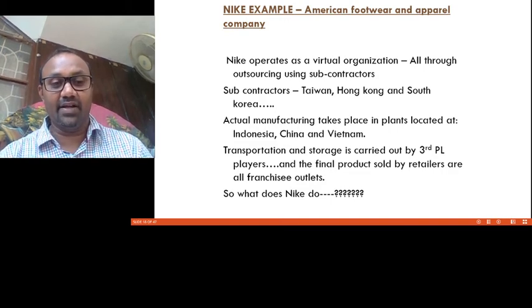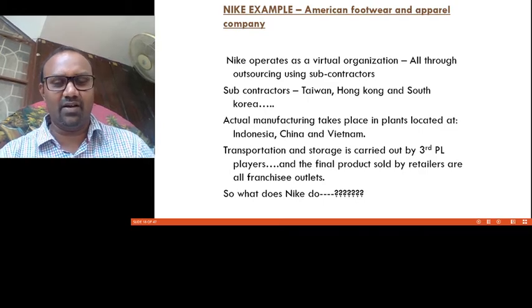And it only retains two aspects. It retains branding and marketing, because Nike considers branding and marketing to be the core activities of business for Nike, and branding and marketing are the ones that increase the sales for Nike worldwide.